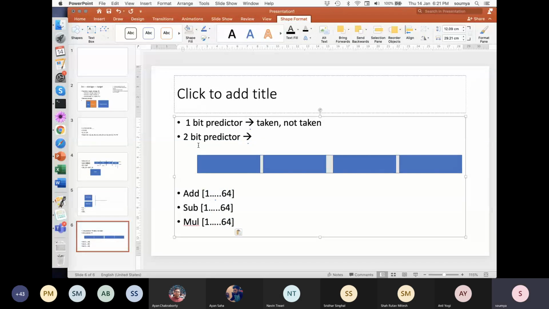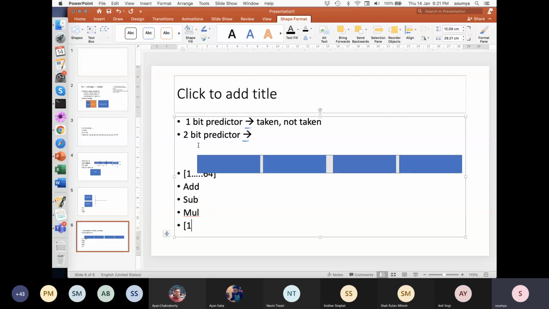Now, what is the characteristic of the program? All these operations are going to happen on the same input data space. So essentially at the input I have an array of 1 to 64 size. I have to add, then subtract, and then multiply. And at the output I will again get an output array of size 1 to 64.